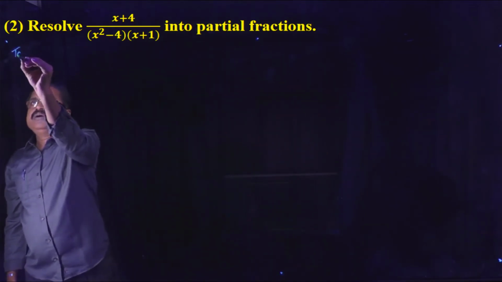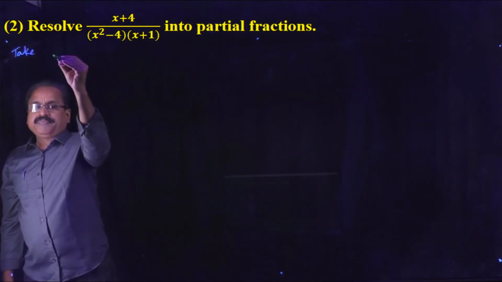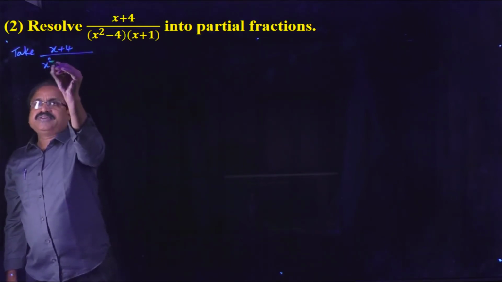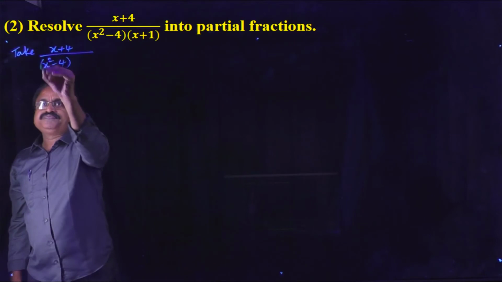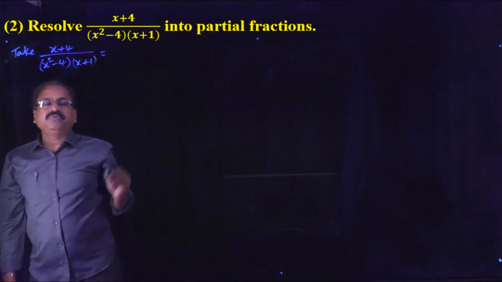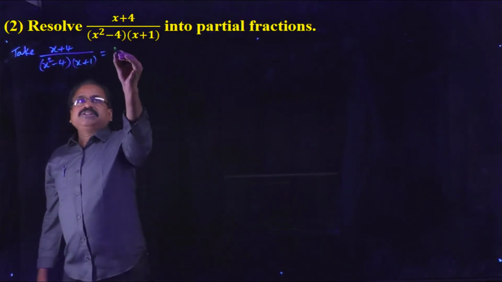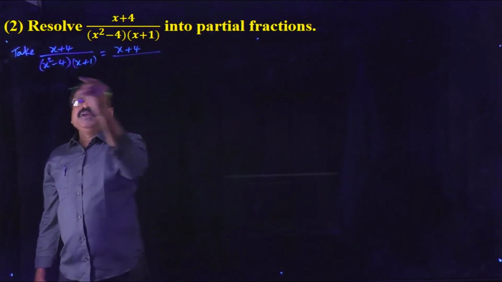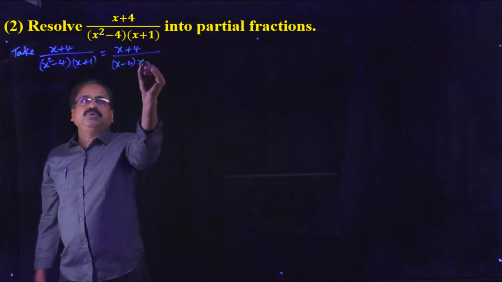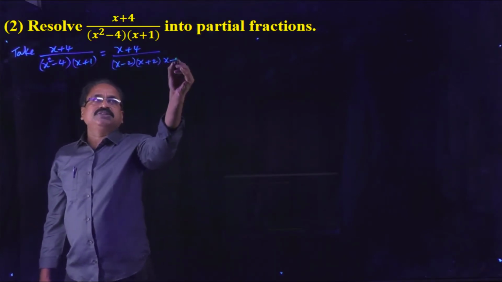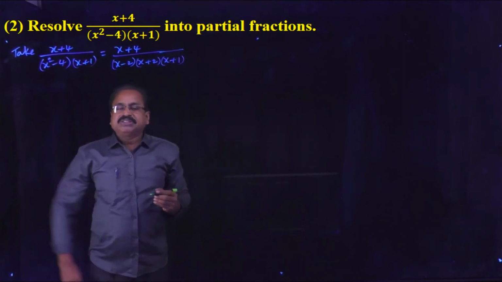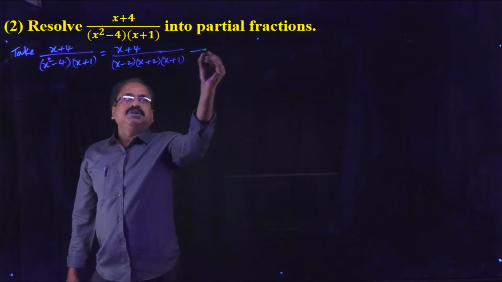Take (x plus 4) by (x square minus 4) into (x plus 1) is equal to (x plus 4) by, here x square minus 4 can be written as (x minus 2) into (x plus 2) into (x plus 1). Here using a square minus b square is equal to (a minus b) into (a plus b). So, this is equation number 1.